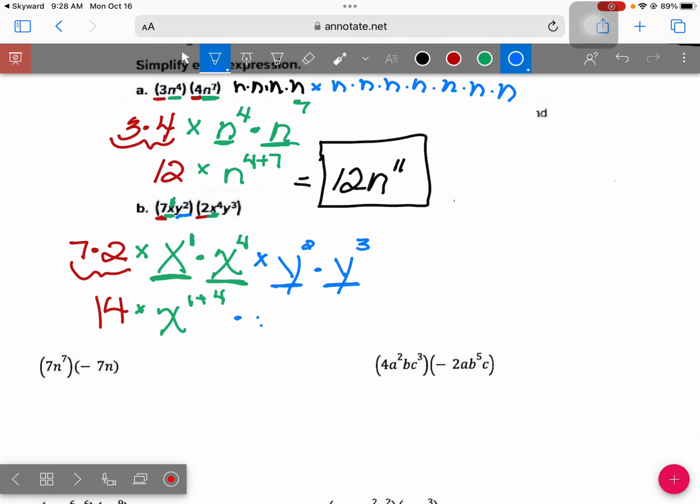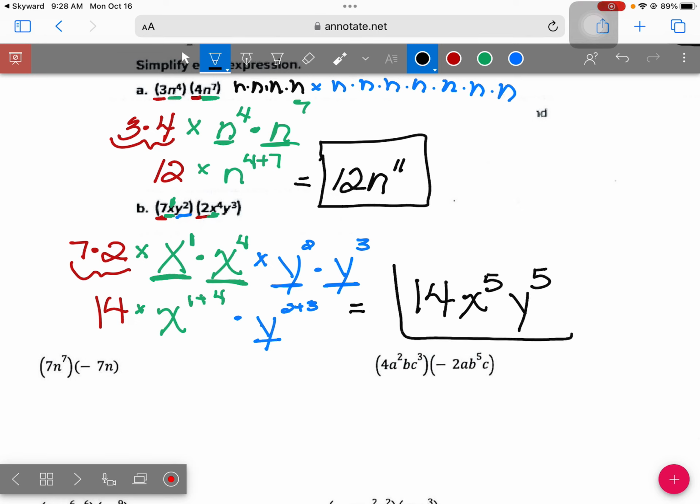And we're multiplying here. Keep the base, add the exponents. So my final answer is 14, x to the 5th, y to the 5th. And since that is the answer, this is called a product. All of these things have been multiplied together.